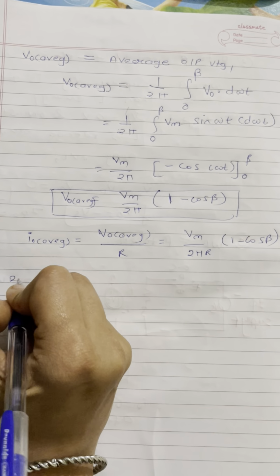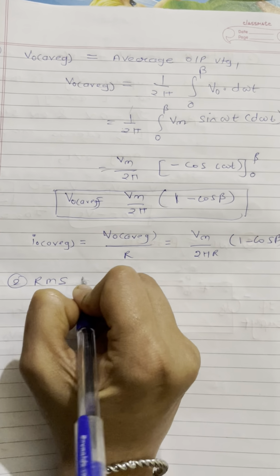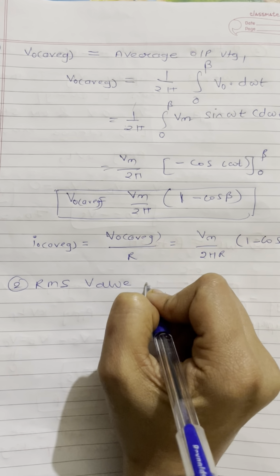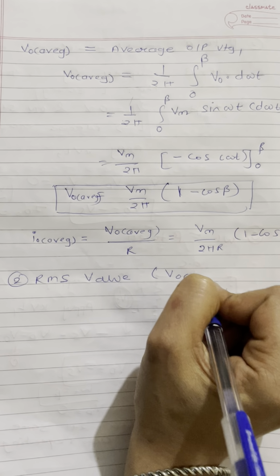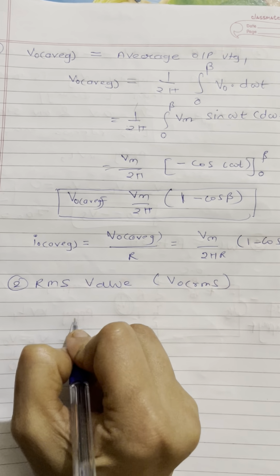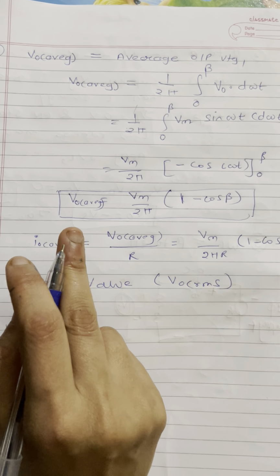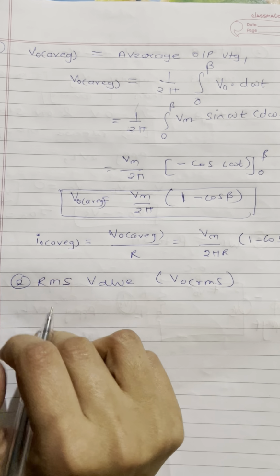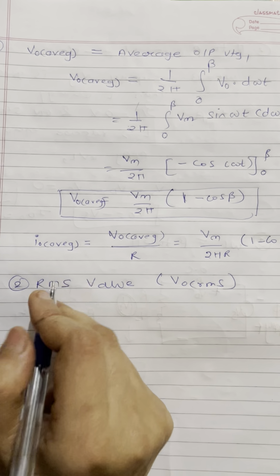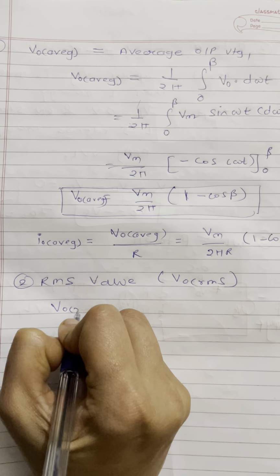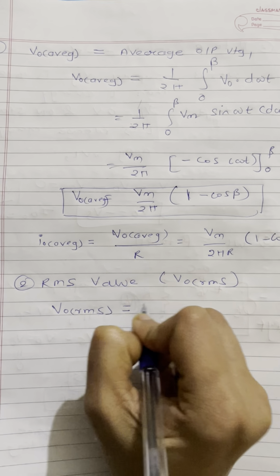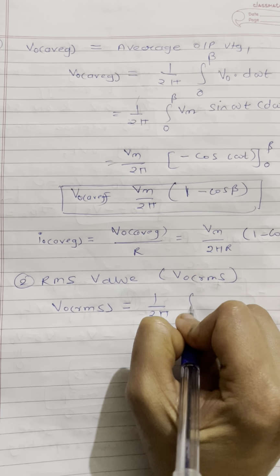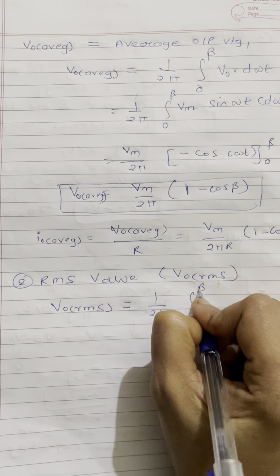Then second, the RMS value. V0 RMS. So what is the RMS value? First we found the average output voltage. Now from this we can find the V0 RMS value. So V0 RMS is equal to 1 upon 2 pi 0 to beta.